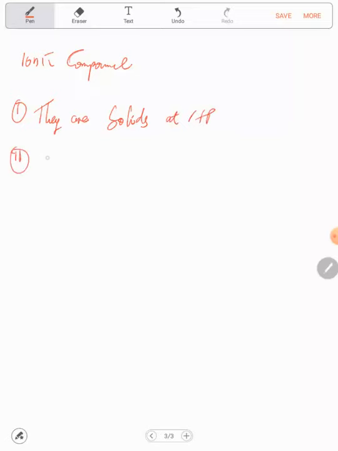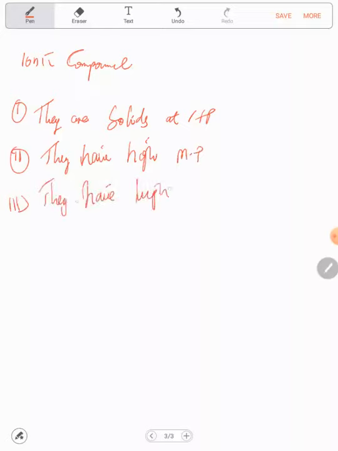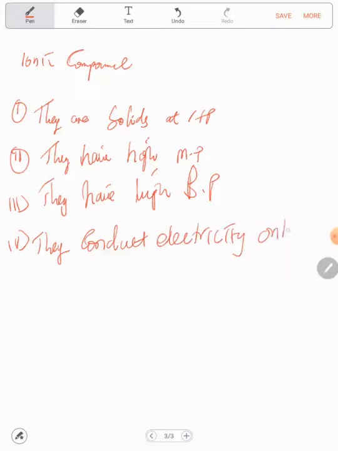Second, they have high melting points. Third, they have high boiling points. Fourth, they conduct electricity only in molten state.